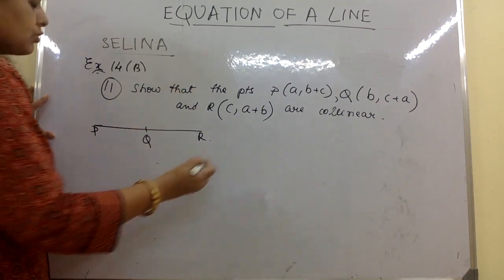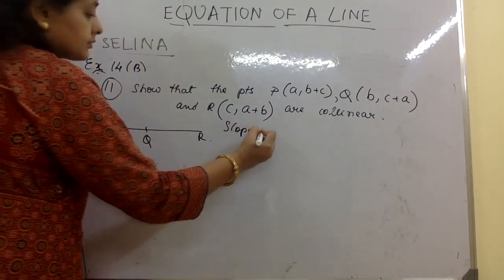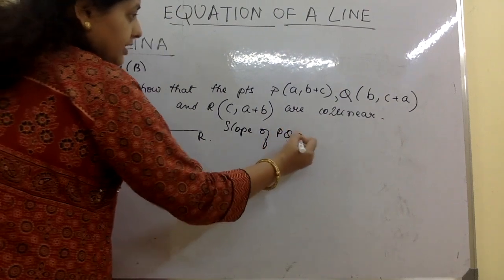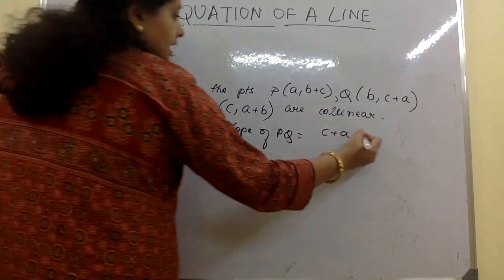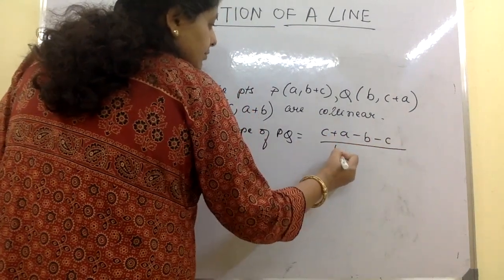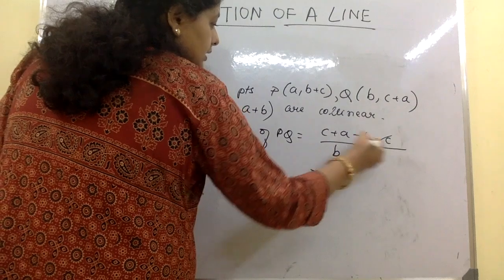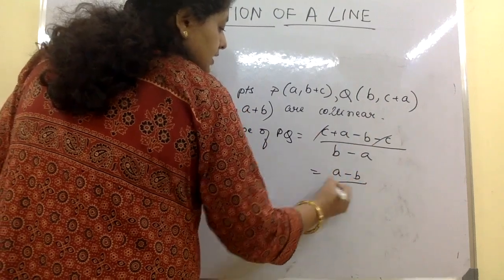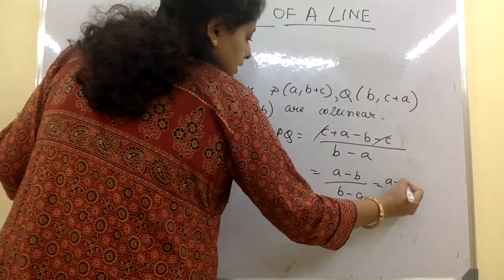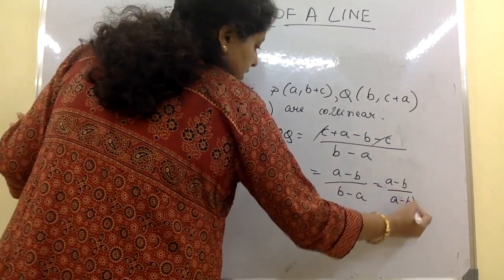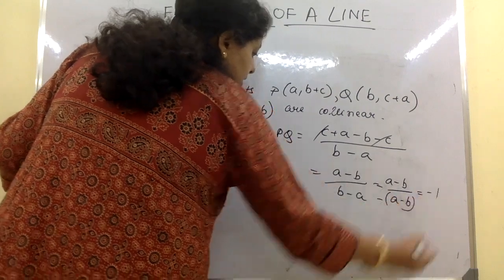So let me find the slope of PQ. Slope of PQ is C plus A minus B minus C over B minus A. Okay, this is A minus B over B minus A, that is clearly equal to minus 1.